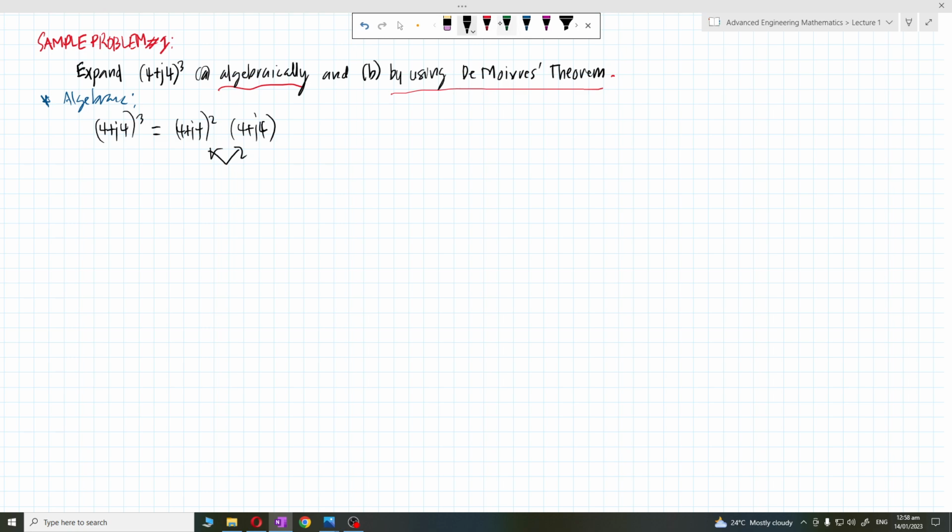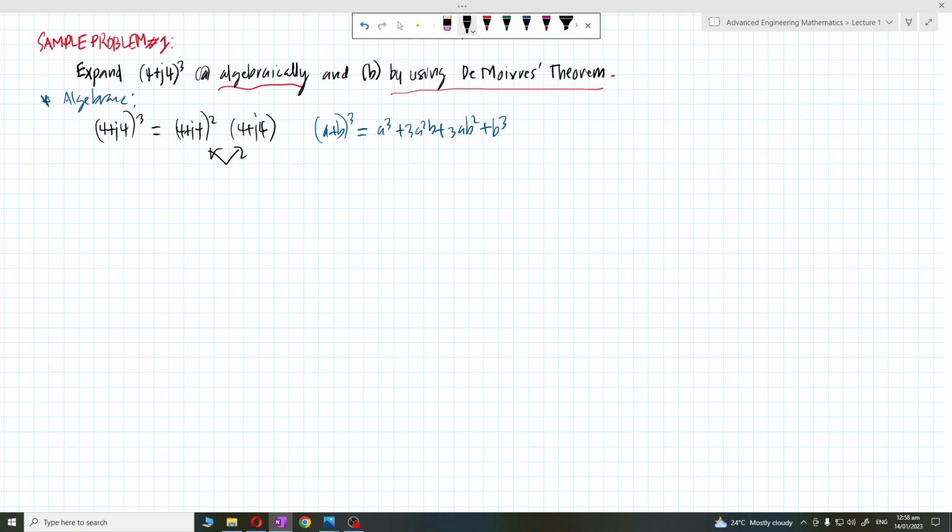Remember, if we have a plus b raised to 3, that is the same as a cubed plus 3 a squared b plus 3 a b squared plus b cubed.